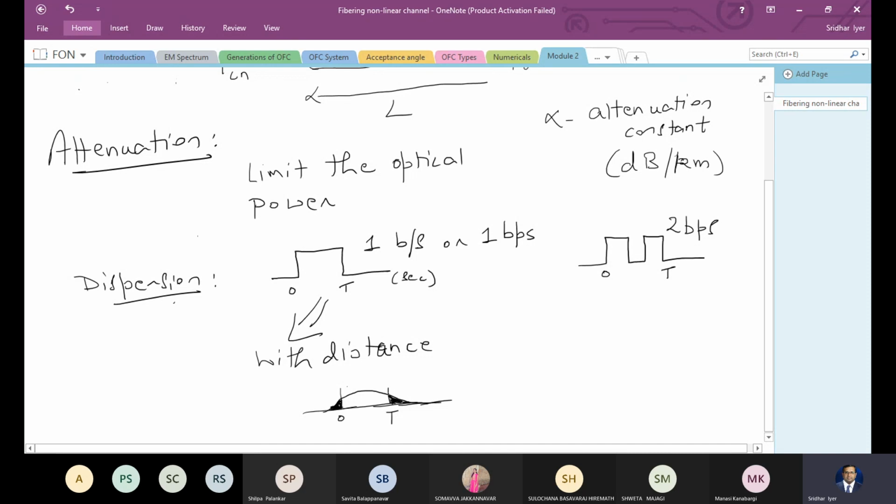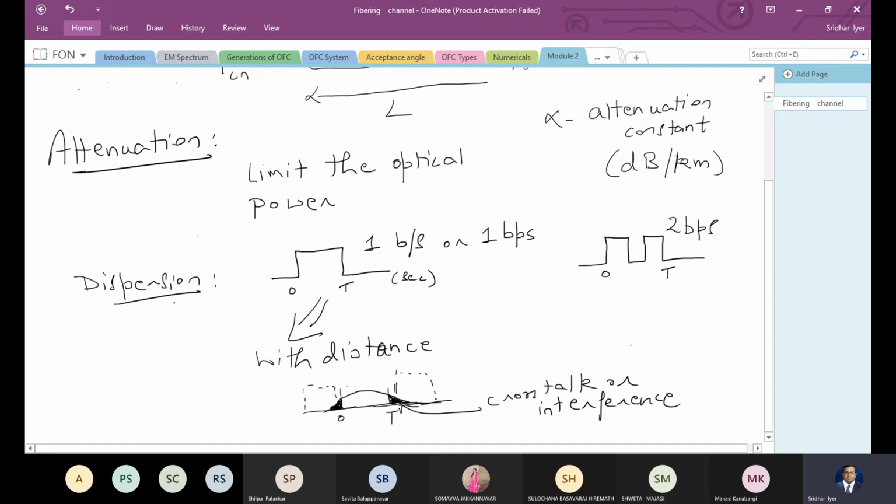right? Now obviously this is not a good thing, because after t there is going to be another bit, so I'm drawing it with dotted lines, and before 0 also there is one bit which I'm drawing with dotted lines. So what is going to happen, because of this dispersion, part of this bit which has elongated or dispersed is now lying in the time period of another bit, which leads to what in general we call crosstalk or interference, right?